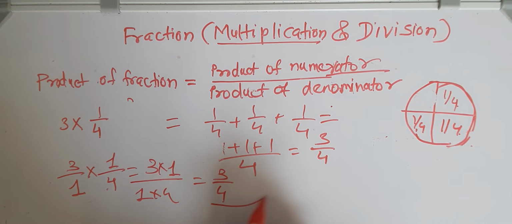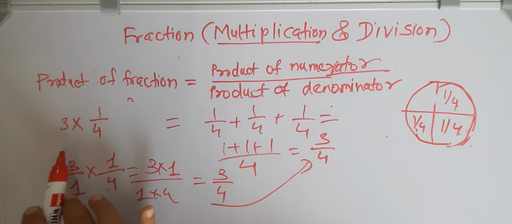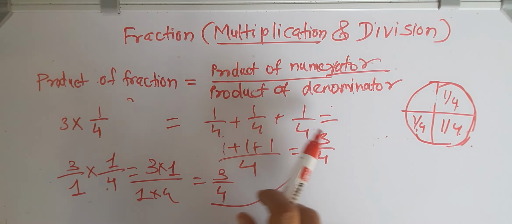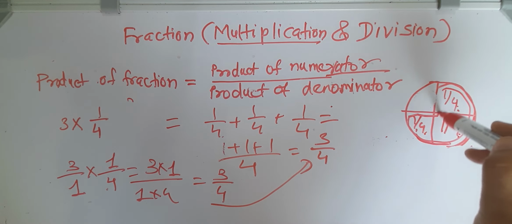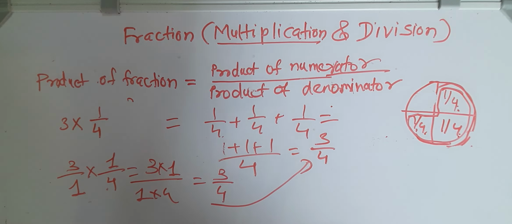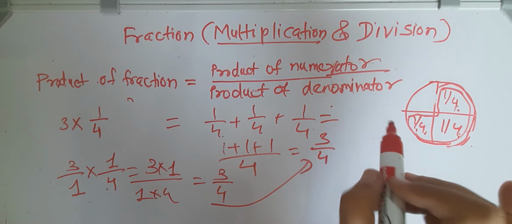So in multiplication, what we are doing is increasing that number that many times. We are increasing 1 by 4 three times, giving 3 by 4. So for each multiplication, we are multiplying that number that many times. What we do is the product of numerators and product of denominators.